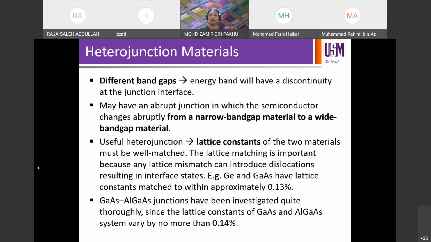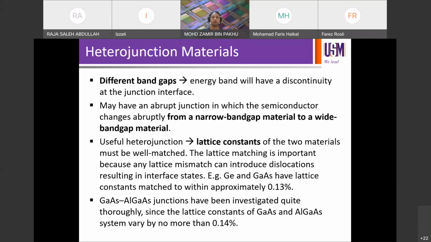And then we also learned that in order to form a good quality heterojunction, we need to consider the lattice constant of both materials. They need to be close to each other so that they are well matched, which we call lattice match materials or lattice match heterojunction.